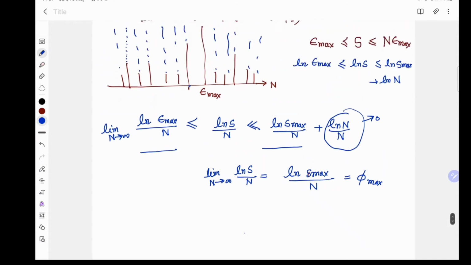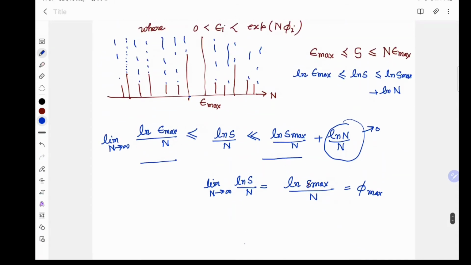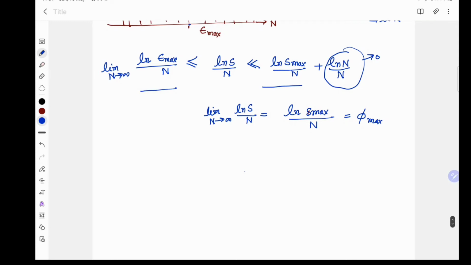So let's say we have a gas of molecules in a chamber, then the energy levels are not discrete, they have continuous energy. Then this epsilon will be continuous and the sum will convert to an integration. So let us write it.